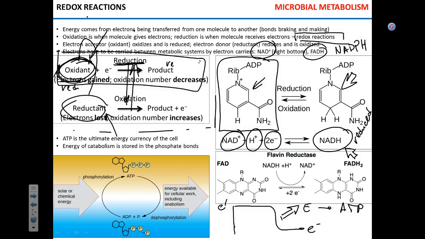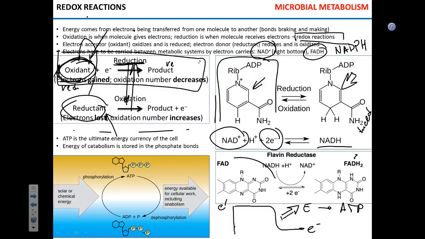In the opposite process, when NADH releases electrons, it's always reduction and oxidation. It will become what? An oxidant. NADH is a reductant, and it will be oxidized to its oxidized form, which is NAD+.